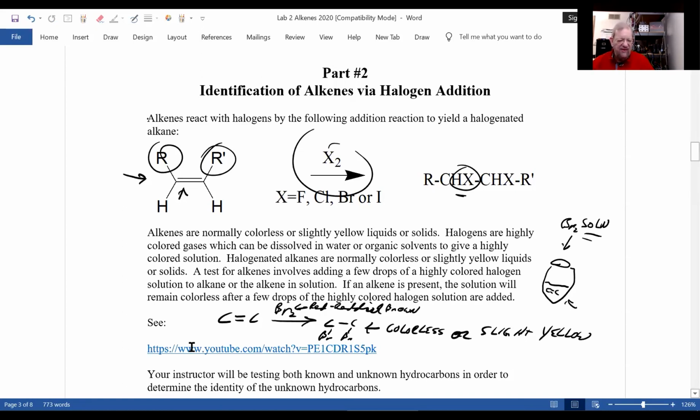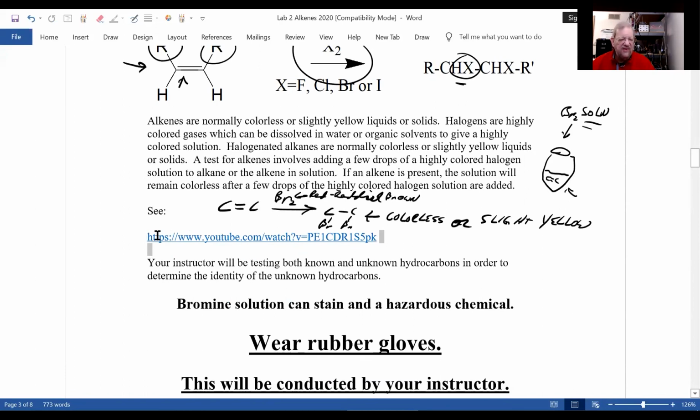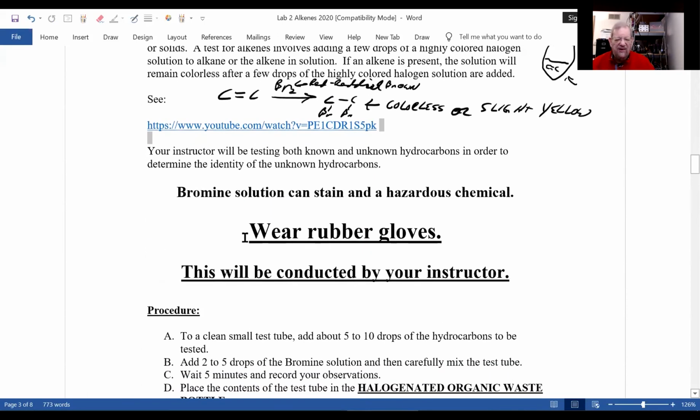Right here, I have a YouTube video that you can watch that shows this. And what you'll be doing is working with this. Actually, because of the problems I had at the other school doing this reaction, and it happened twice, by accident, one student got the bromine solution, which will burn your skin pretty bad, on the back of the neck of another student.